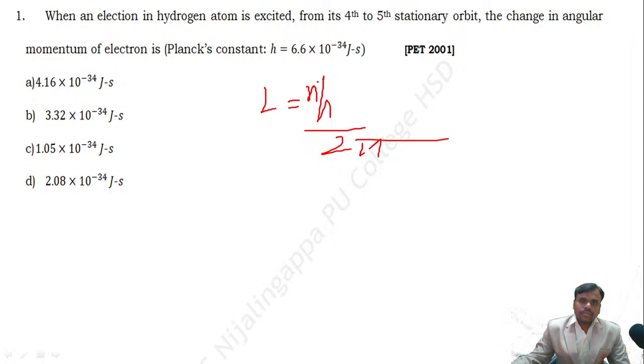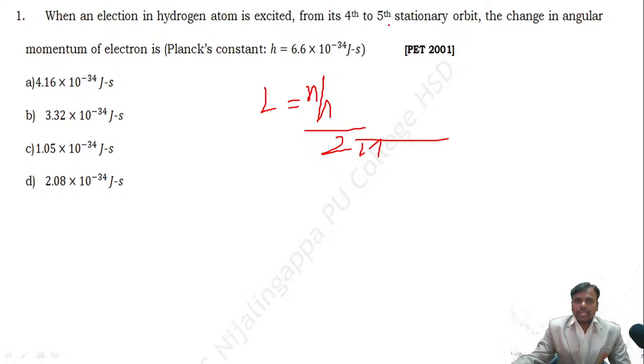Here n value is 1, 2, 3, 4 for different orbits. For the first orbit n is equal to 1, for the second orbit n is equal to 2, for the third orbit n is equal to 3, and so on. By using this relation, we can calculate L, which is the orbital angular momentum of an electron in a particular orbit.